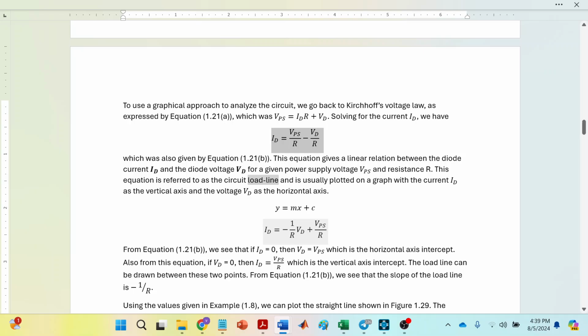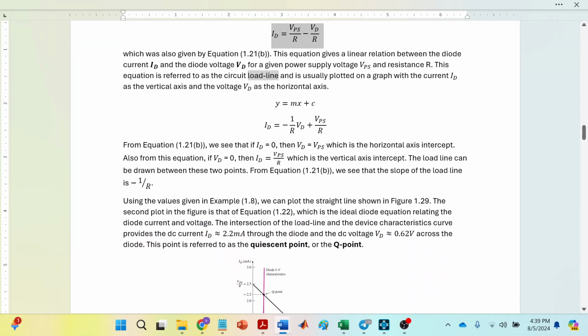Minus 1 over R is the m, which is the slope. Our x is the VD, the diode voltage. Then the c, the intercept, is VPS divided by R. So I'm just putting this equation in the form y equals mx plus c, and we arrive at this equation.